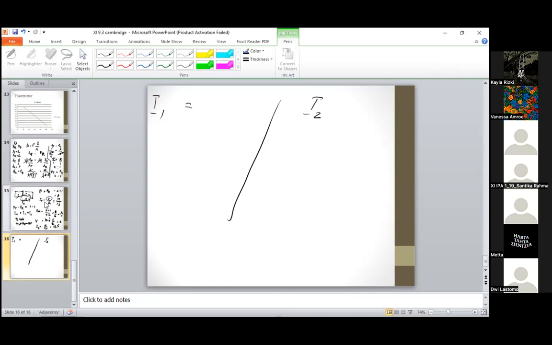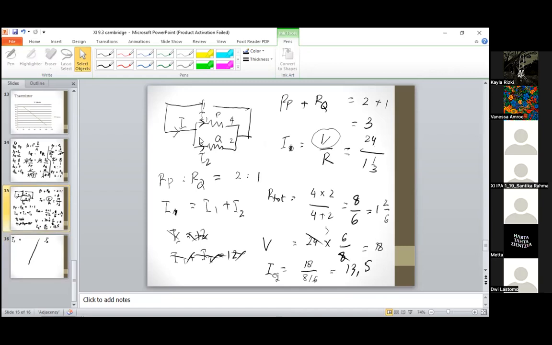So I want to ask first about the logic mathematic. I want to ask Kayla Rizky, what do you think about which is bigger, the I1 or I2? Can you repeat the question, sir? Okay, based on this situation, the resistance of P is twice bigger than the resistivity in Q. So what do you think?